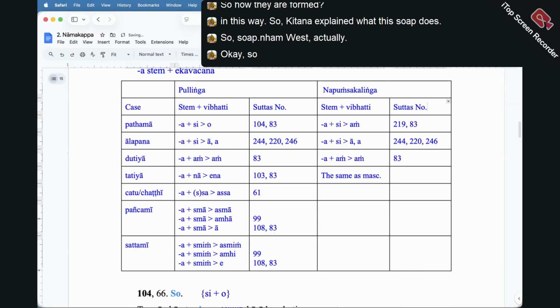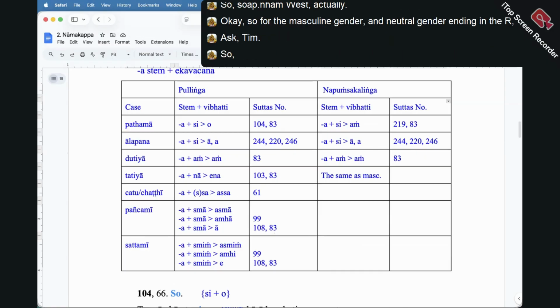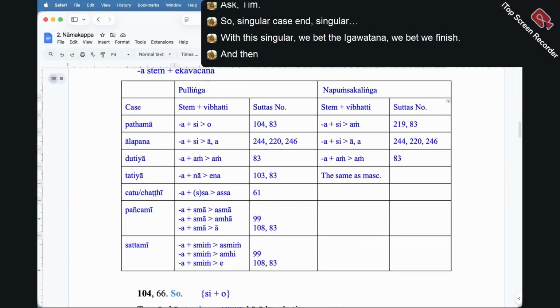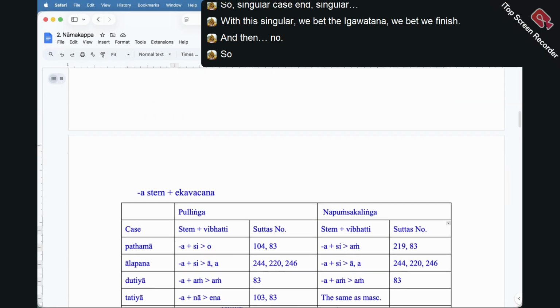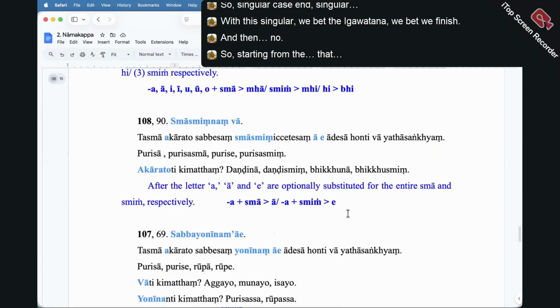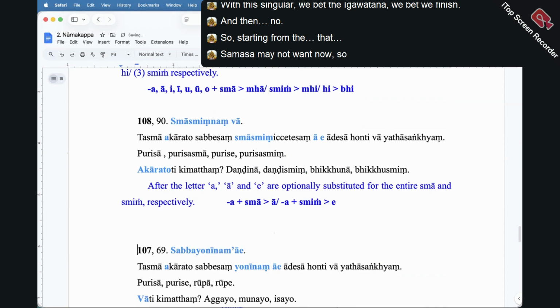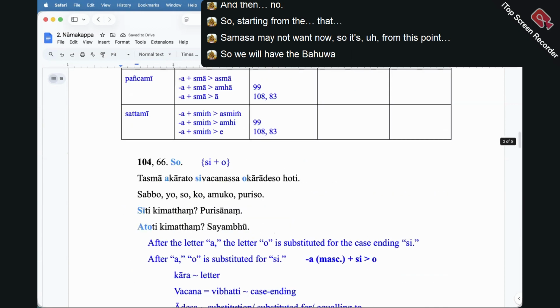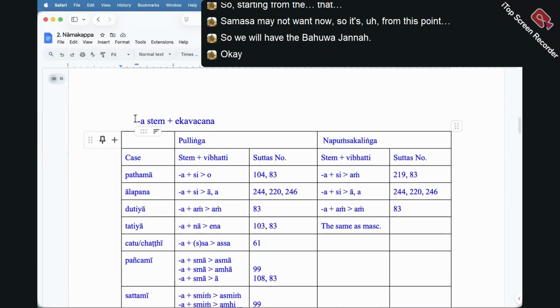Okay, so for the masculine gender, neuter gender, ending in the R stem, with the singular vibhati, ekavachana vibhati, we finish. And then now, starting from samasame, we will have the bahuvachana. Okay, now I will copy this.